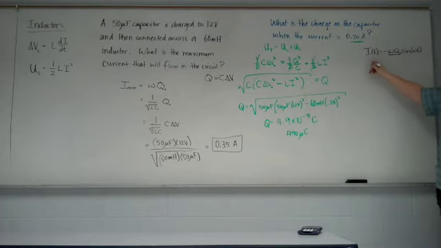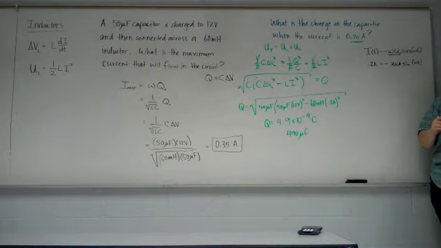We know the current is 0.2 amps. Solve for t, and then come back to the charge equation, and solve for charge. It's a matter of opinion as to which way's easier than the other.